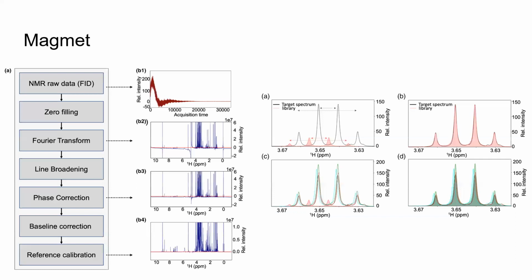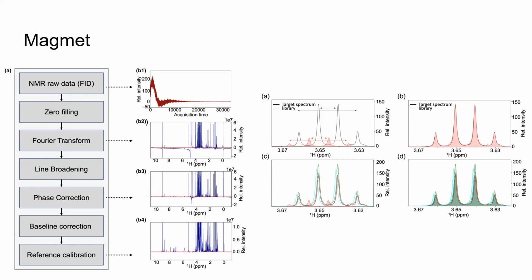So this just shows an overview of the steps that Magmet goes through, essentially the same as what I showed you in the previous slides, where we do everything manually. Magmet automatically processes the NMR spectrum: transforming, line broadening, phase correction, baseline correction, referencing.